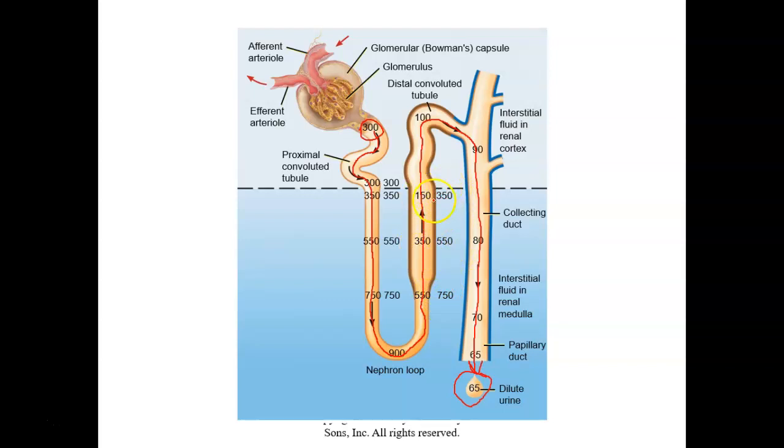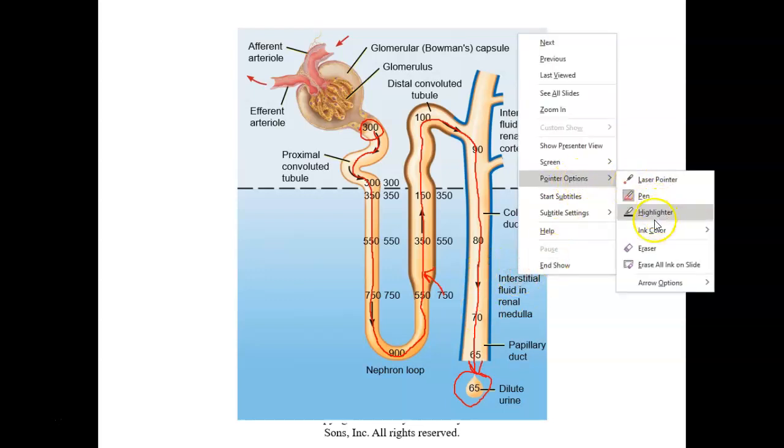If these particles, call it sodium, potassium, whatever you want it to be, enter into the tubule, water is going to follow. I'm sorry. Let me erase that. I drew that arrow backwards.